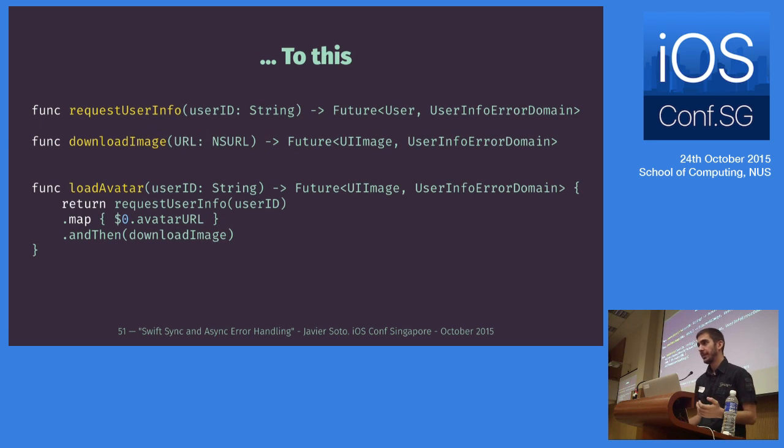It would turn into this. We would compose the functions that download user information and download avatars just by using map and then. And it's almost as if this code has no error handling, because the error handling is happening inside the implementation. So even though it makes it easier, it kind of goes against what I said at the beginning.